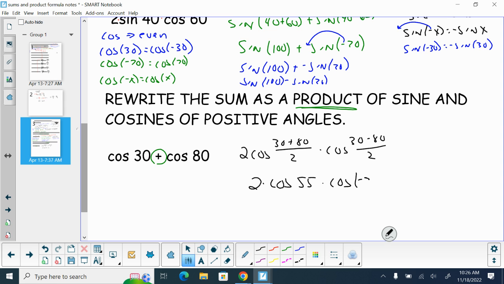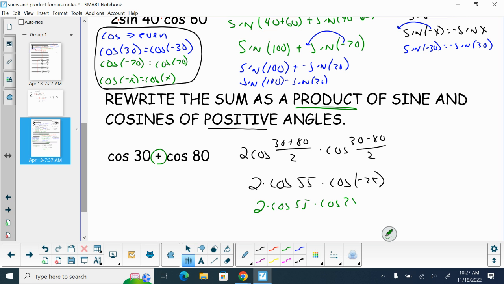Negative 25. So we write it as products, but we need to make sure that they're positive angles. Now we have a cosine of a negative. Cosine is even. So what can we do with our negative sign? Just drop it. So this is 2 times the cosine of 55 times the cosine of 25.